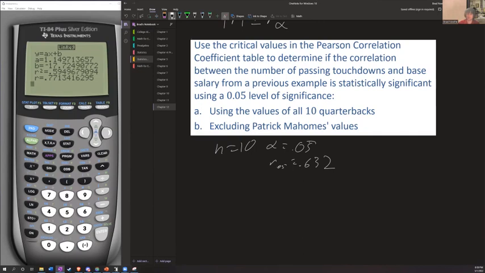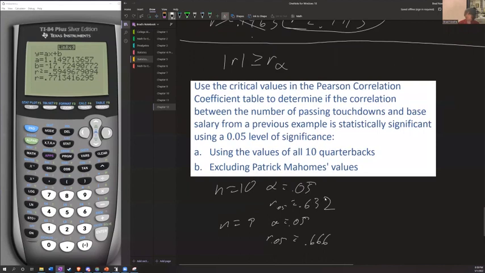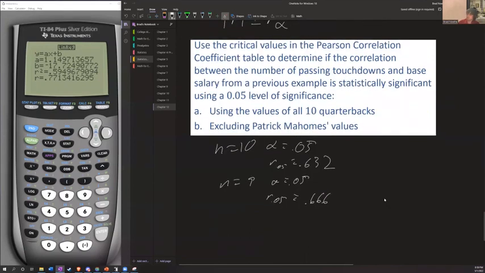Now, after I remove Patrick Mahomes, I now have N equals 9, and my alpha is still 0.05. My R sub 0.05 in this case is 0.666. Spooky. And my previous one was 0.7713.